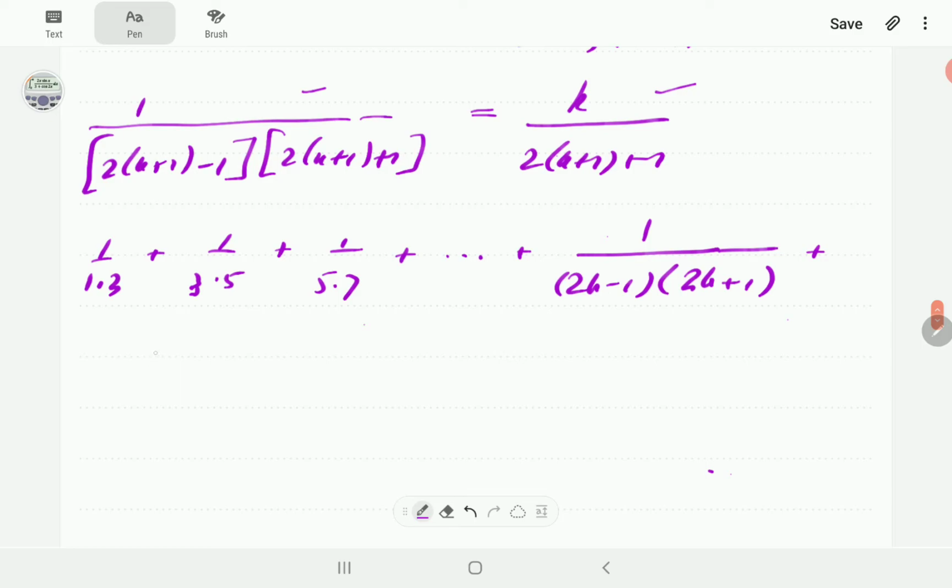Then for the next term, 2k plus 1 minus 1, it's going to be 2k plus 2 minus 1, so it's going to be 2k plus 1.